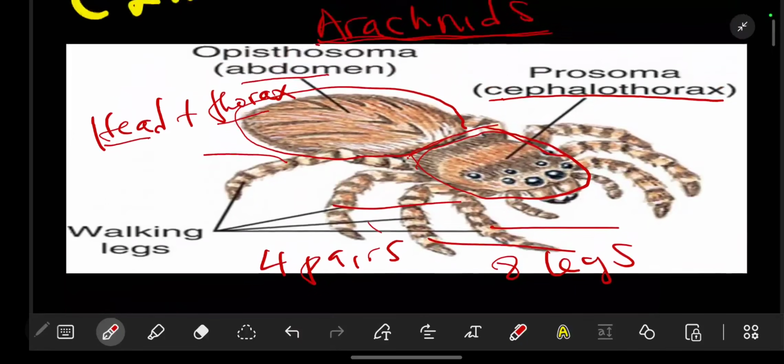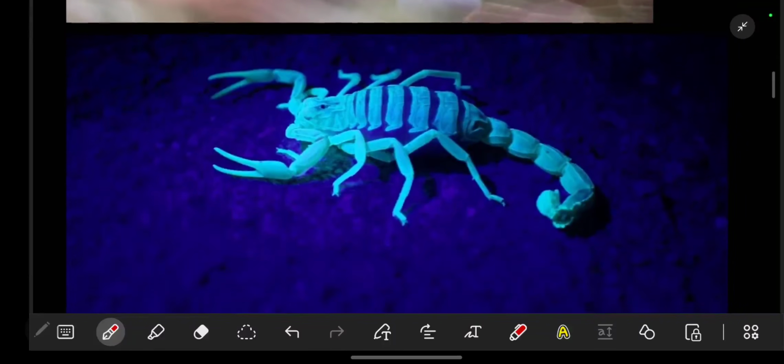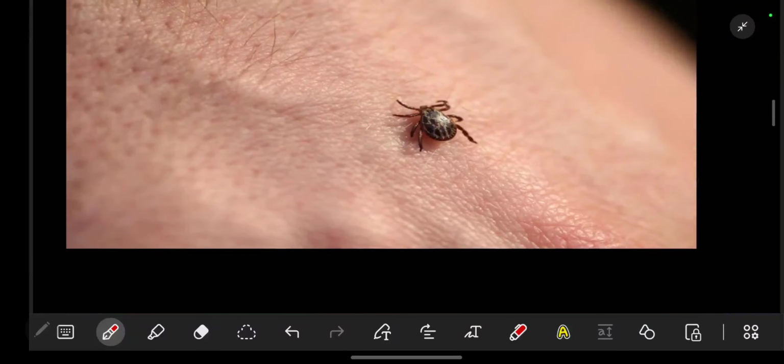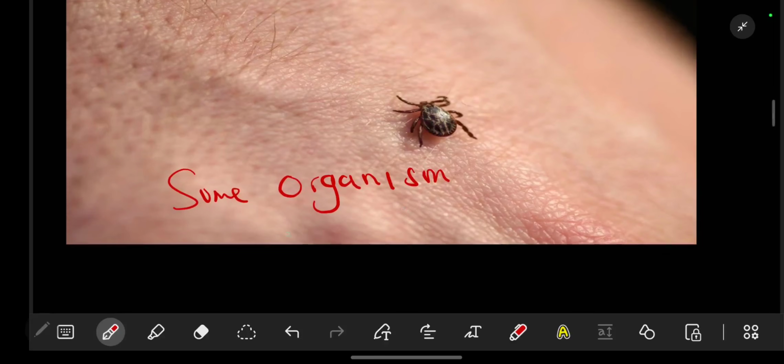So the examples that we can have are spiders, scorpions, and ticks. So these are common examples. Which leads us to some characteristics: some organisms of this class, the class Arachnida, are poisonous.